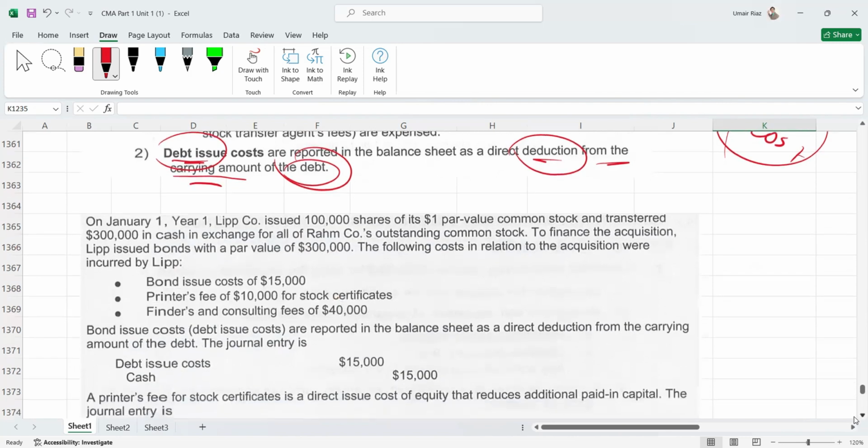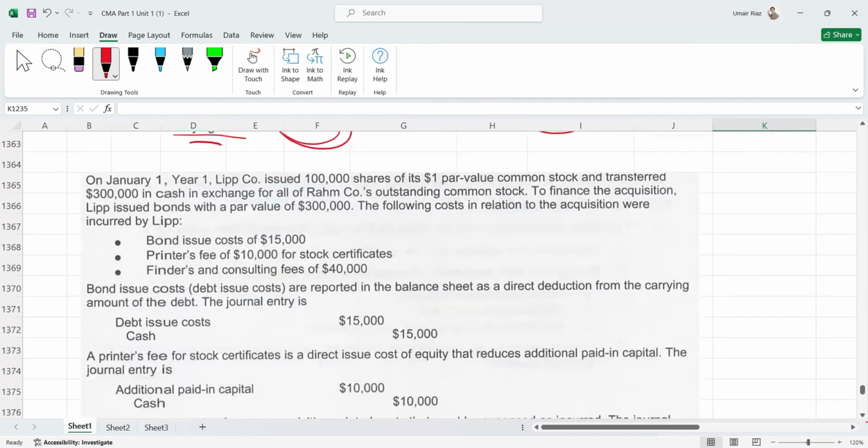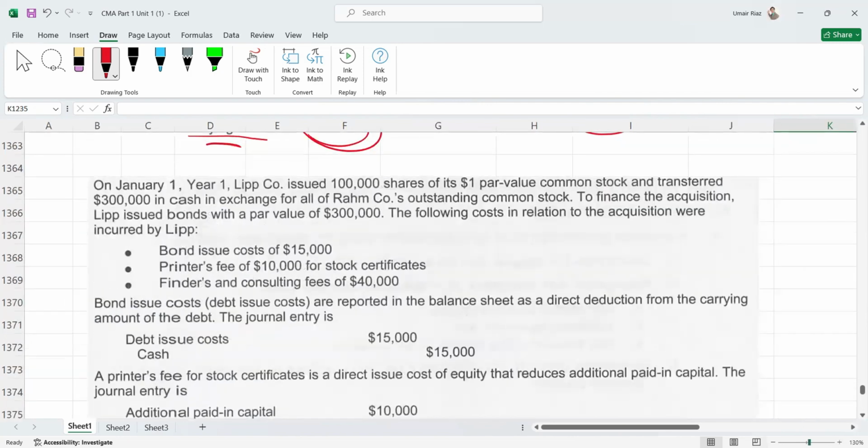Let's have a look. They're saying on January 1, year 1, Lip Company issued 100,000 shares of its par value common stock and transferred 300,000 in cash in exchange for all of our company's outstanding common stock.